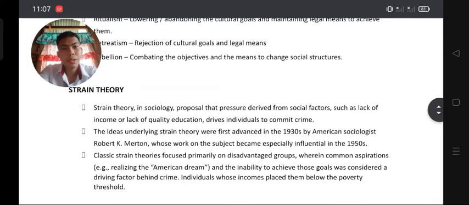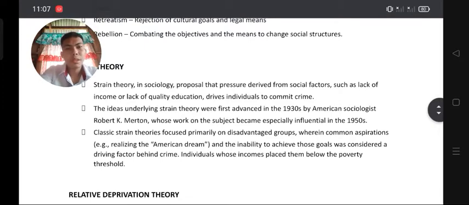Next is strain theory. Strain theory is a sociological proposal that pressure derived from social factors, such as lack of income or lack of quality education, drives individuals to commit crime. The ideas underlying strain theory were first advanced in 1938 by American sociologist Robert K. Merton, whose work on the subject became especially influential in the 1950s.